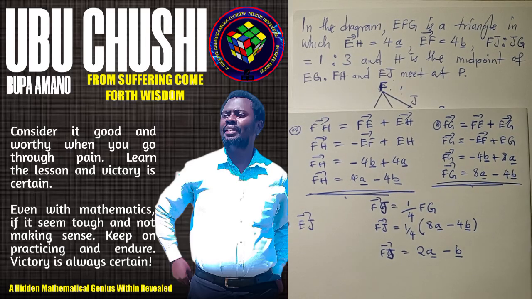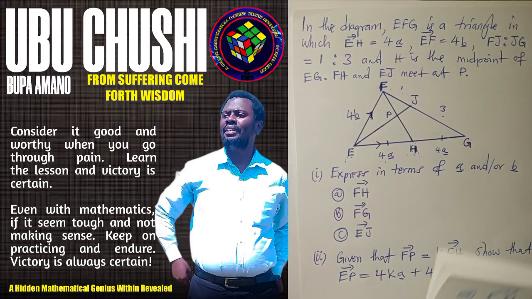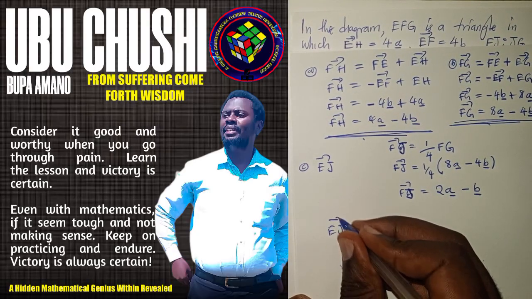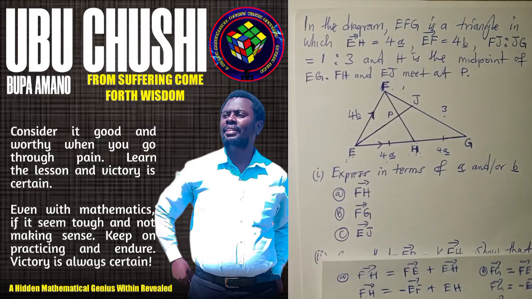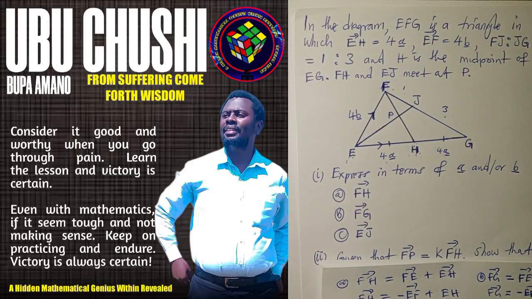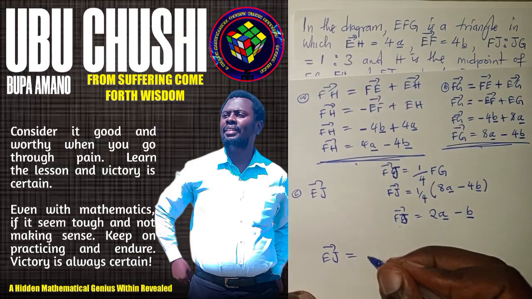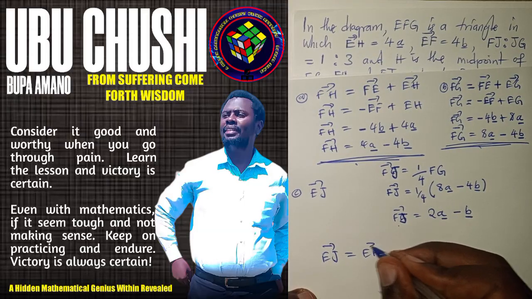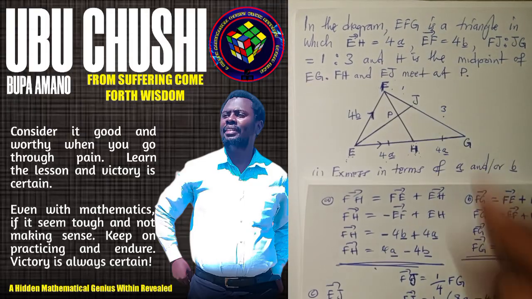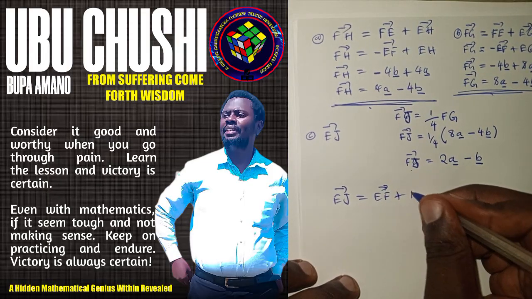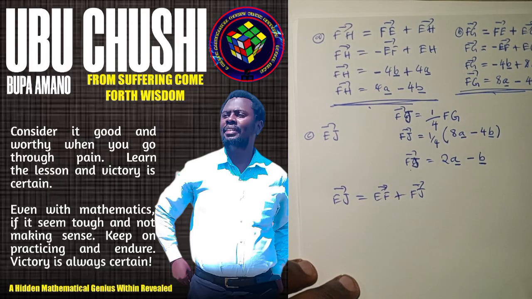So that is FJ. Okay, now we are solving for EJ. So EJ is equal to, so from E to J, the root is EF. So we have EF plus FJ. So EF plus FJ.